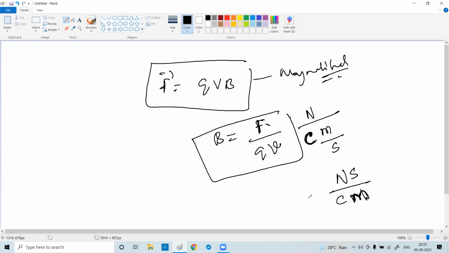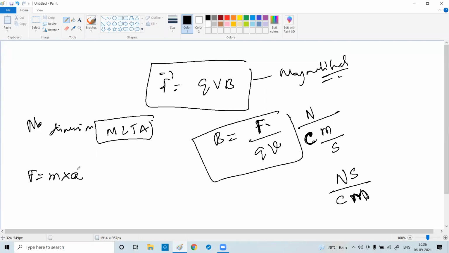So how can we find the dimension of B? You don't know how to find the dimension of B? What is the dimension of F? Mass into acceleration.